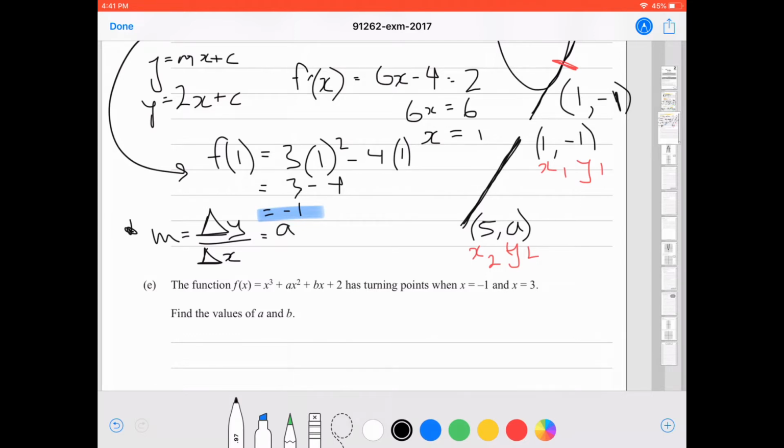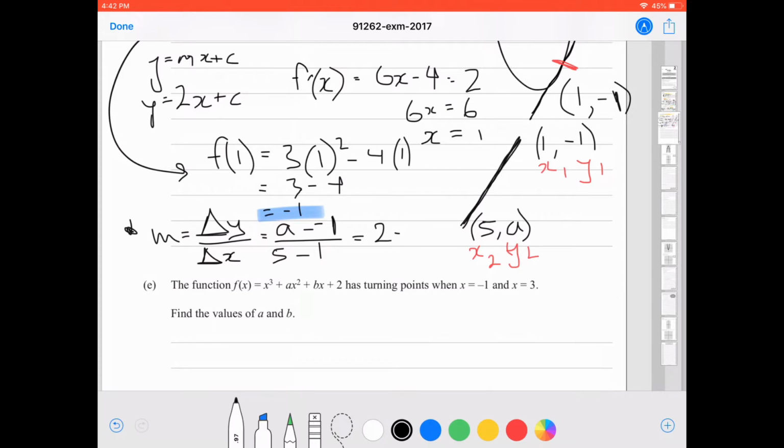So a minus -1 over x2 minus x1, so 5 minus 1. And actually, because we know that the gradient here is 2, we can set this equal to 2. So solving for a, we've got a plus 1. Sort of running out of room here.